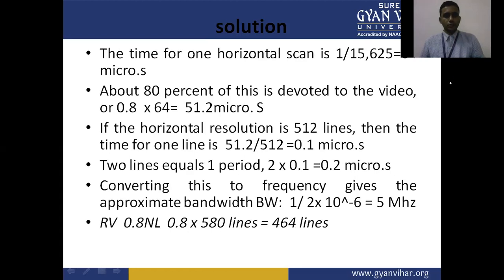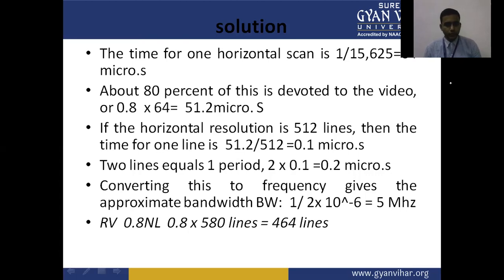If the horizontal resolution is 512 lines, then the time for one line is 51.2 upon 512, that is 0.1 microsecond to scan one line. Two lines equal one period, that is 2 into 0.1, that is 0.2 microseconds.